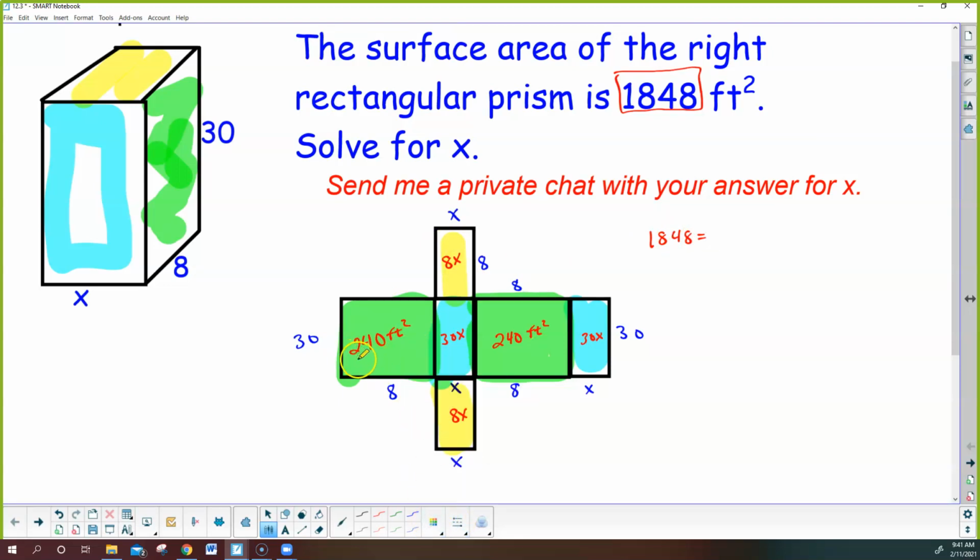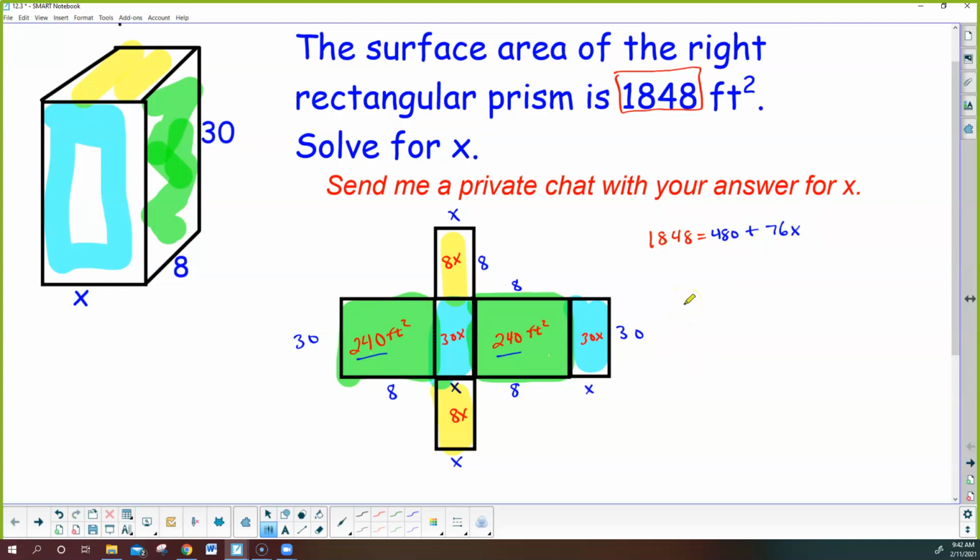You can do this by just adding the two 240s together. That's 480. And then let's think of all these x's. I've got 30x and 30x, so that's 60x, plus another 16x. So 60 plus 16 is 76x. Now it's a two-step algebra problem.